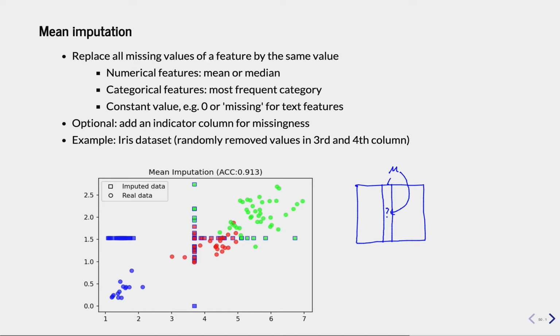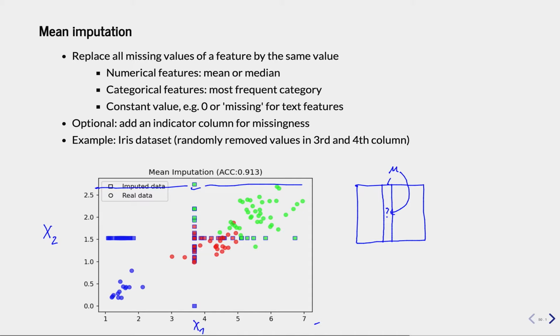Okay. In this example, we take the iris data set. So we have the three classes of irises, red, green, and blue. And we have, for instance, here a missing point. Now, we don't know where this point lies. So we know that for x2, the value is something like 0.6, but we don't know the value for x1. Right?